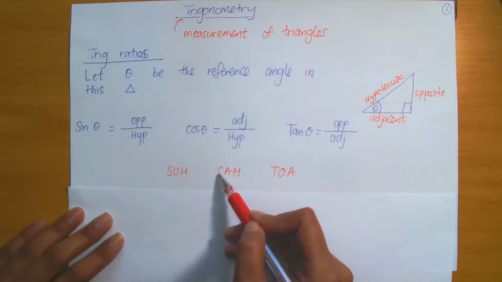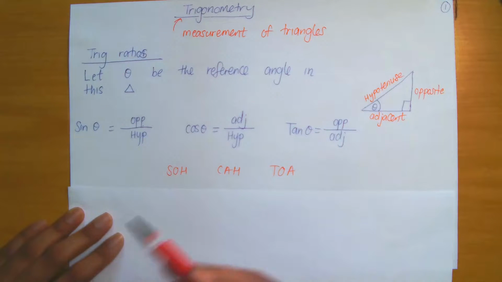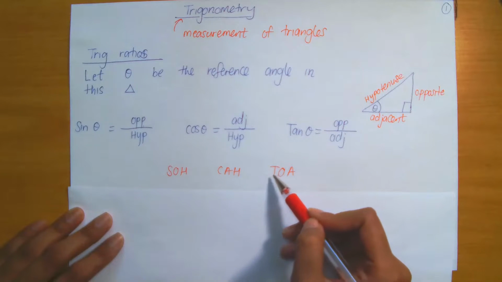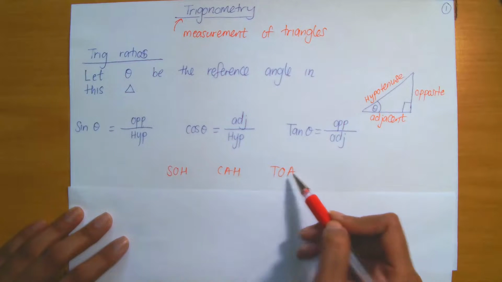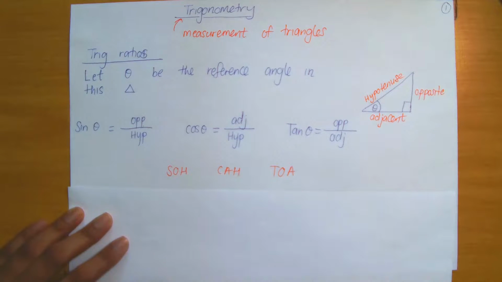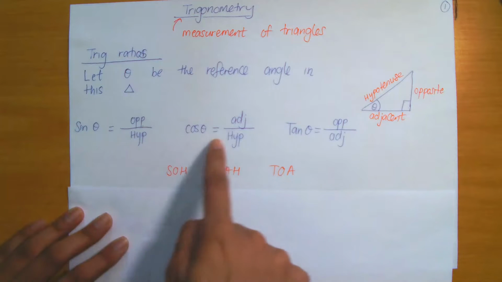CAH explains that cos of theta is adjacent over hypotenuse. And TOA explains that tan of theta is opposite over adjacent, which is exactly what's there. So by just remembering the acronym SOHCAHTOA, you will remember the ratios for each of these trig formulas.